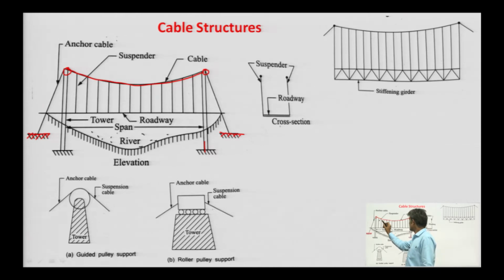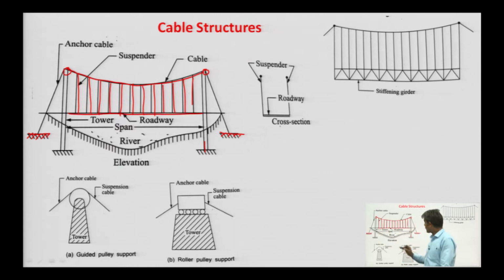through the suspenders. These vertical members are the suspenders. So, the entire load of this one horizontal member, which is a roadway, the load of the roadway is to be transferred by means of these suspenders, okay.